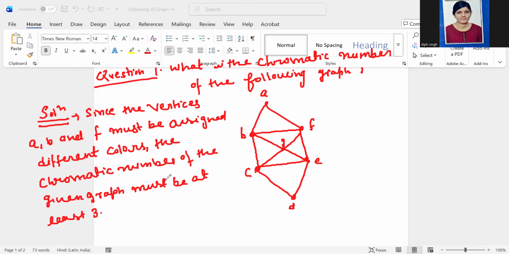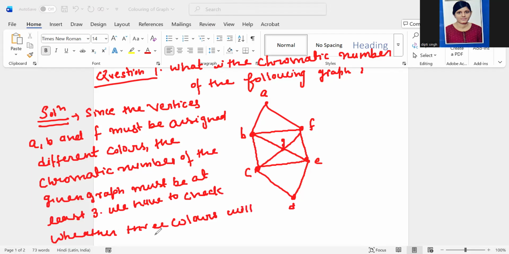So we have to check whether three colors will be sufficient to color the graph.